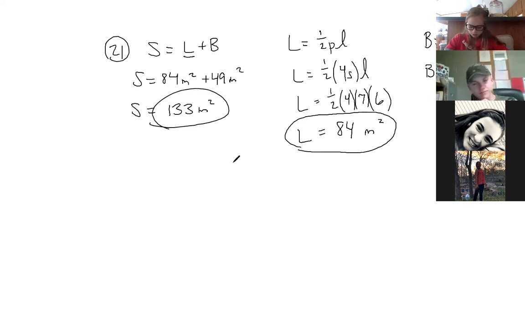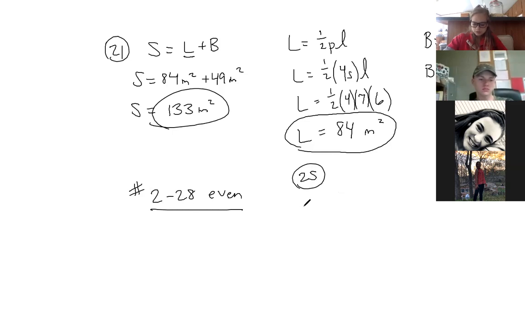All right. We're going to do numbers 2 through 28, the even for homework. Okay, numbers 2 through 28, the even. Take a look at number 25 real quick. This is a cone.